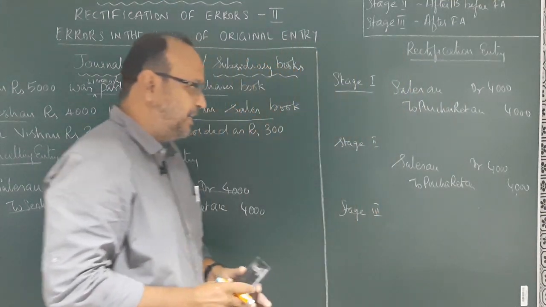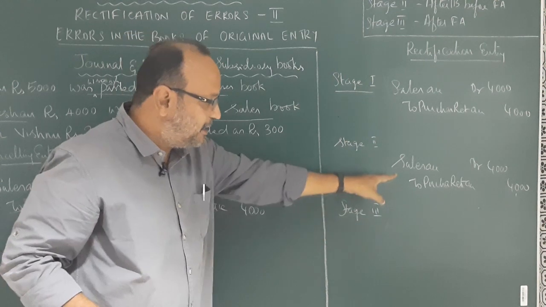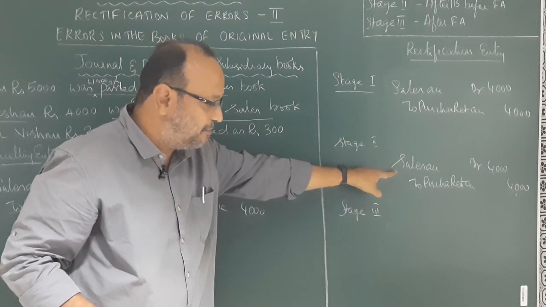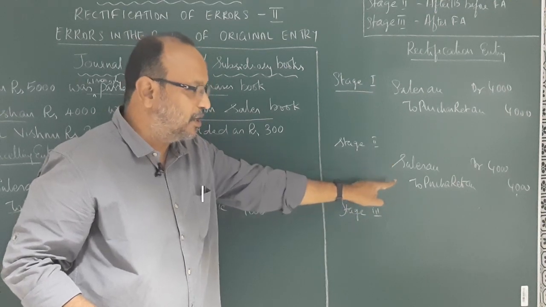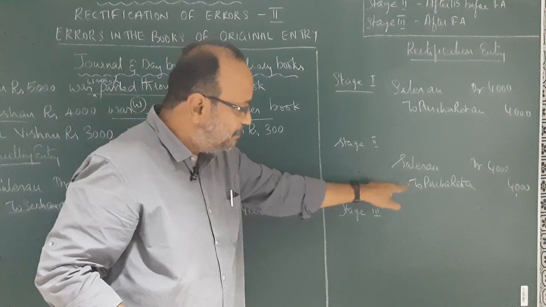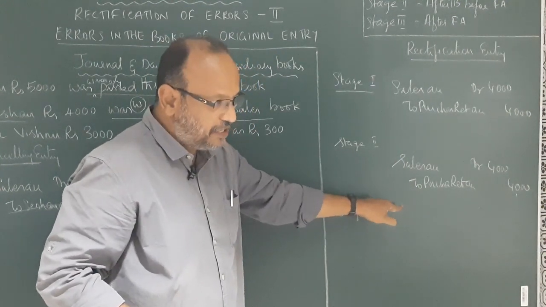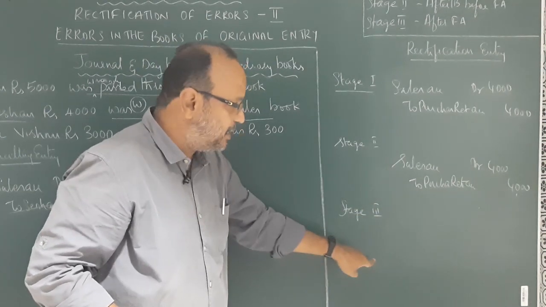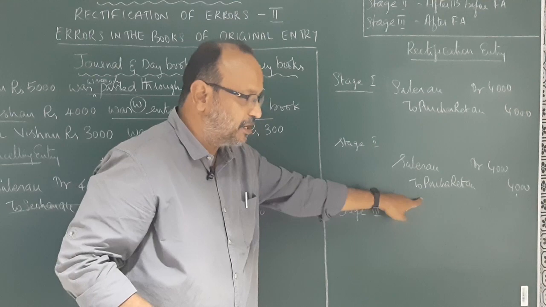In the third stage, that is after preparation of the final accounts, if there is any nominal account in the rectification entry, it has to be substituted with profit and loss adjustment account. Sales account is a nominal account. Purchase return account also happens to be a nominal account. Here the rectification journal entry in the third stage will be profit and loss adjustment account debit to profit and loss adjustment account.